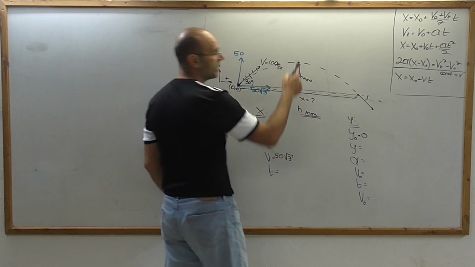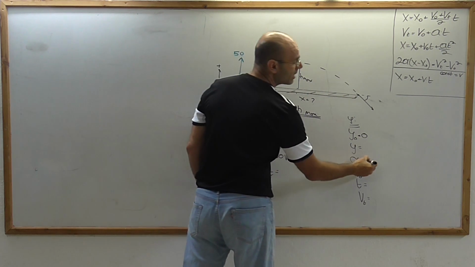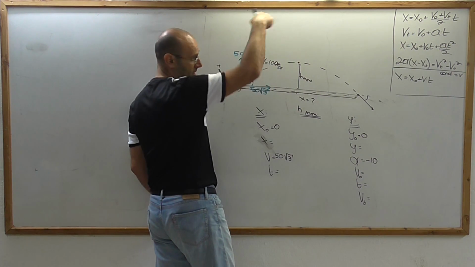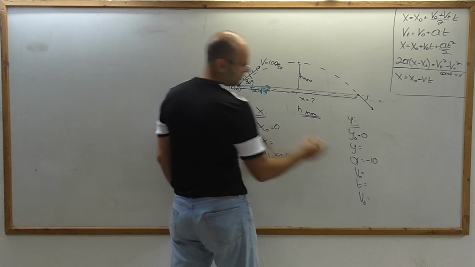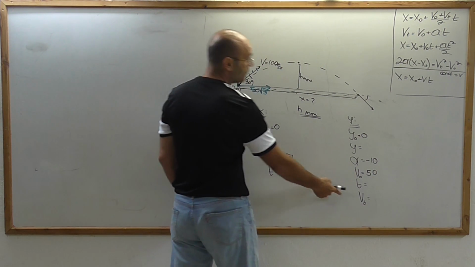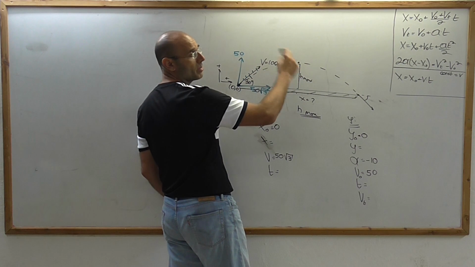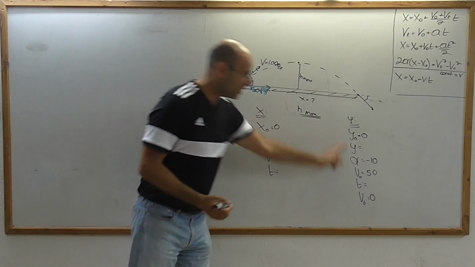Y0 is 0. Y final is the max height, this is what I want to find. A is minus 10 because the acceleration is in this direction. V0 is plus 50. Time I don't know. V final I do know. When it reaches the top in the y-axis, it stops. Okay, now I can find everything here.